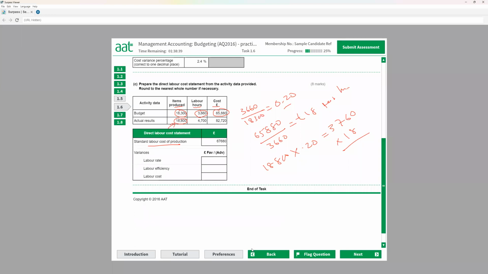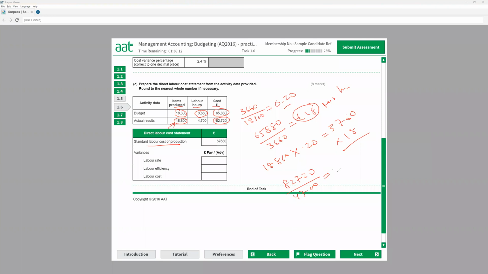All right. The next one says rate variance. So my budgeted rate is 18. And let's have a look at what the actual rate is. For actual, I have spent 82,720 pounds. For how many hours? 4,700 hours. So 82,720 divided by 4,700.